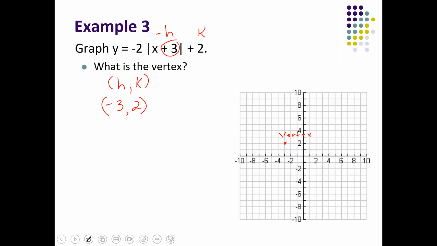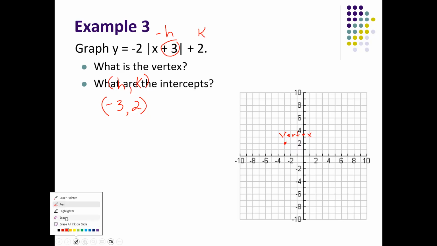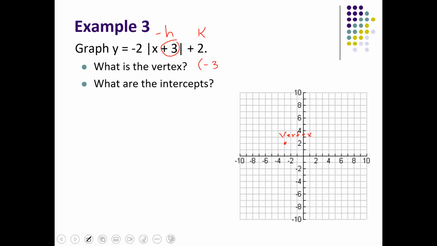So to find other points, let's find our y-intercept. We're going to let x equal 0, because this is going to ask us what our intercepts are. We will replace the label where that vertex is. This is -3, 2.